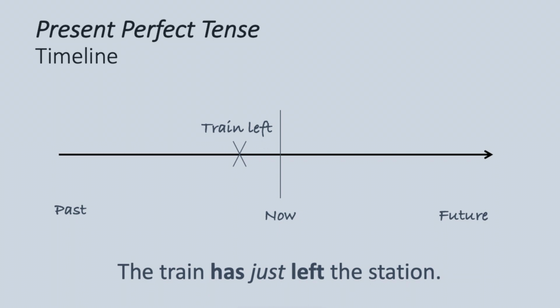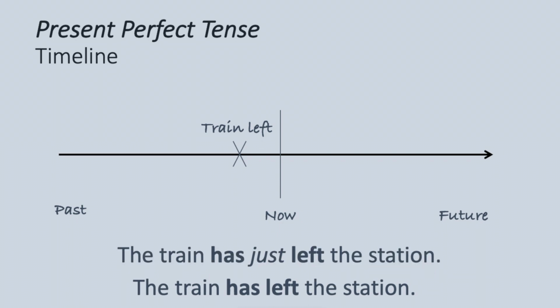There's no past form of to leave that ends in ed. If we look at the timeline for this sentence, you'll see that sometime in the past, the train left. When we use the word just, it implies that the train left in the very recent past, maybe just a minute or two ago. We could also say the train has left the station without the word just.